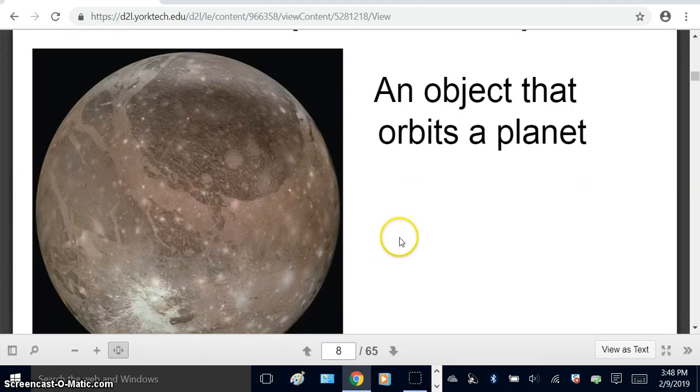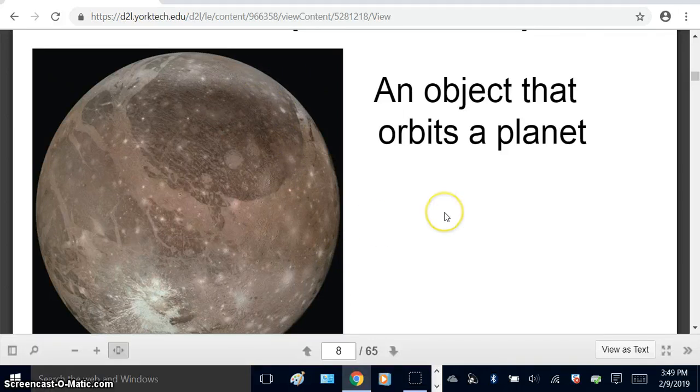Of course, there's lots of moons. There's a nice picture of our moon, and we'll have a lot more to say about that. Moons are objects that orbit planets. Our planet just has one natural satellite.